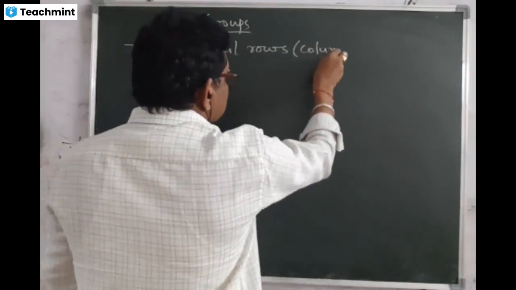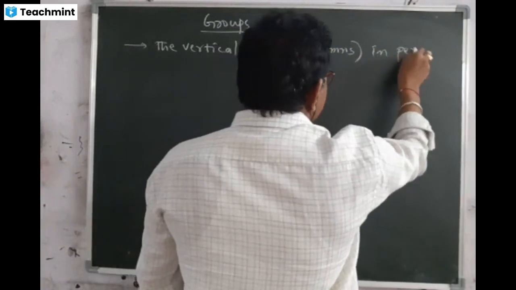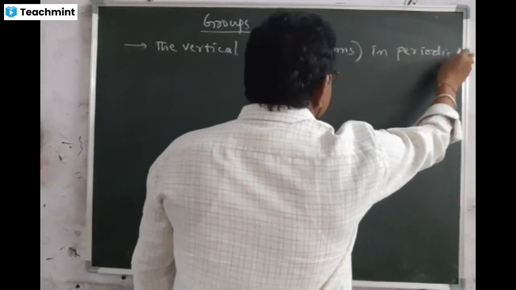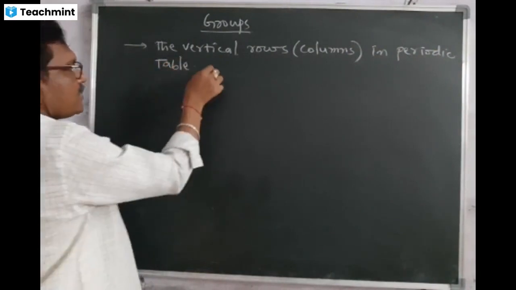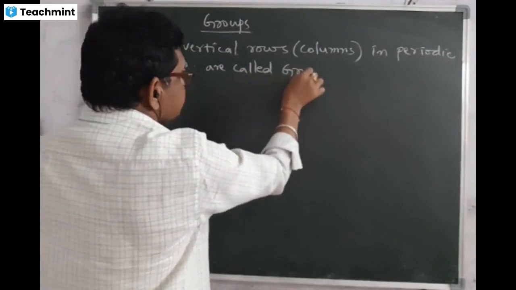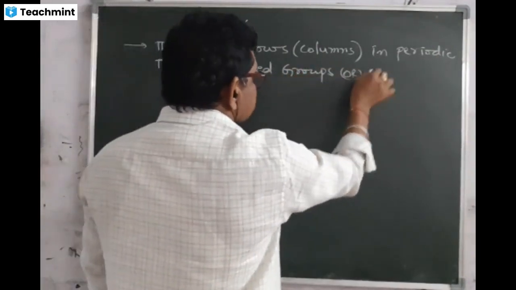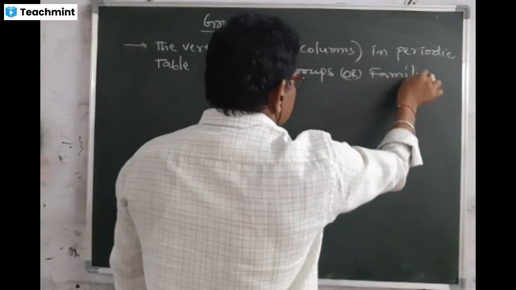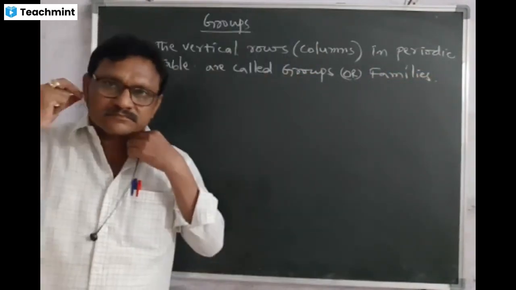Vertical rows or columns in the periodic table are called groups, or families. You write down this.